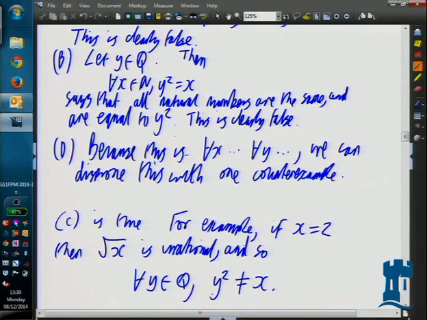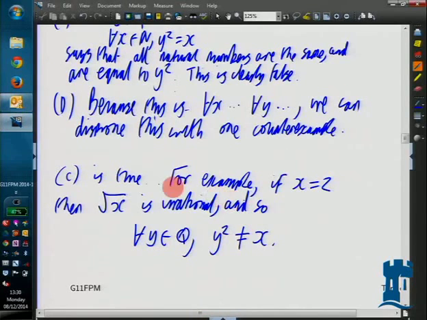Because if y squared was equal to x, then the square root of x would be rational. And as I said, any other natural number x where the square root of x is irrational will do. So this is proved true by example, and that's because it was an exists x statement.